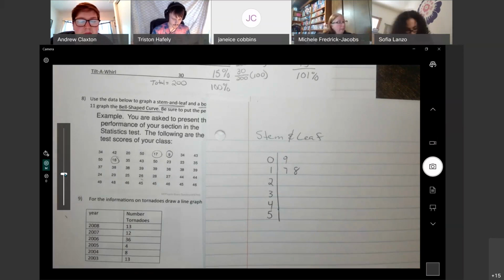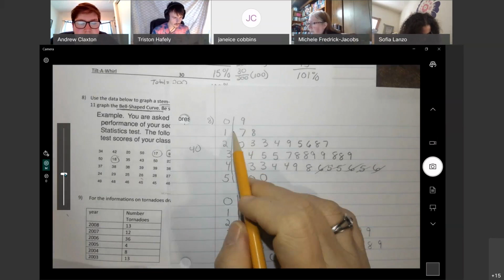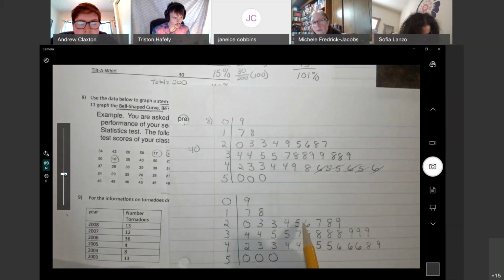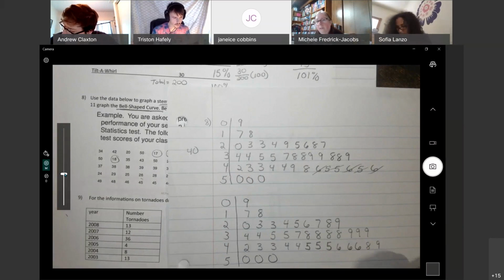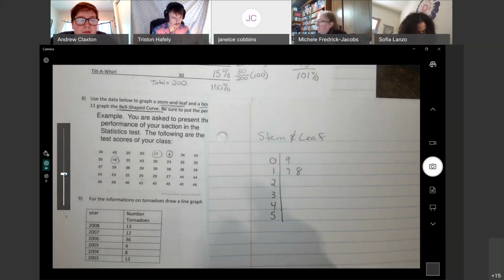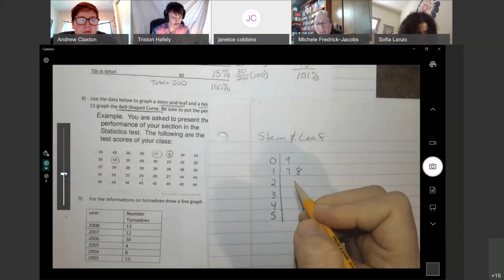What I did when I did it the first time, if I have my paper, there it is. I found all of them first, and then I went and put them in order. So sometimes that helps. But since I already did it, I know where they all are.